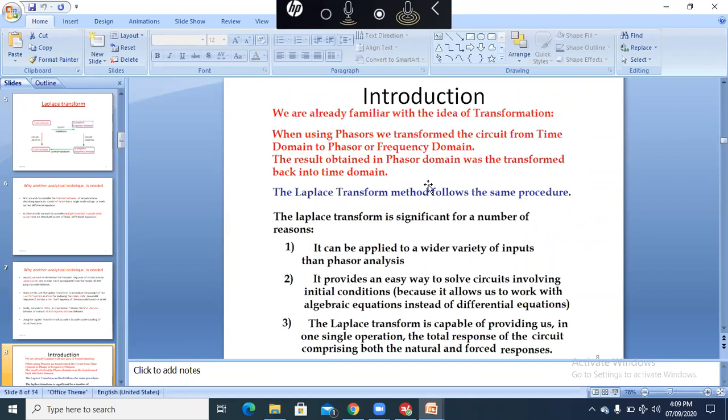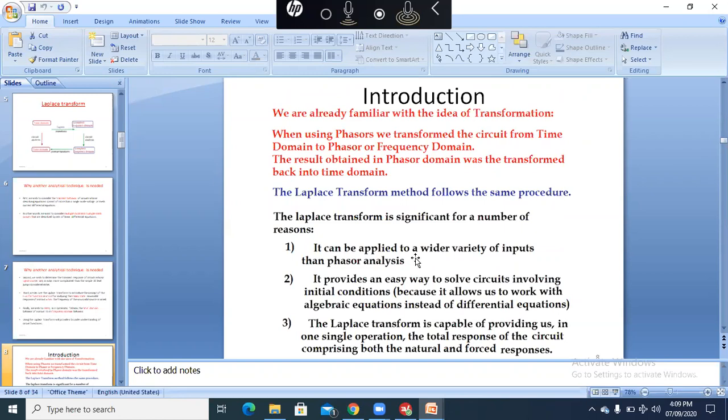When we are using phasors, we transform the circuit from the time domain to the phasor or frequency domain. The result obtained in the phasor domain is transformed back into the time domain. The Laplace transform also uses the same procedure.